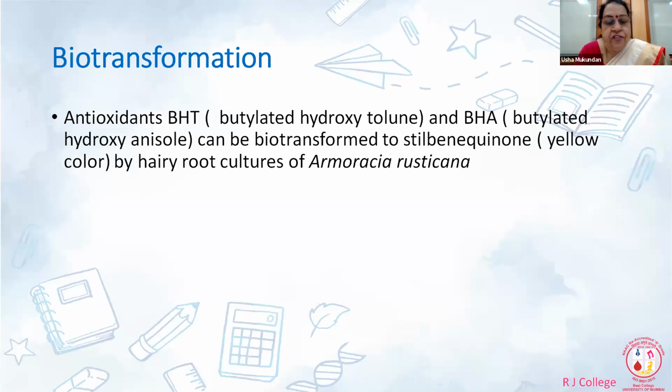So in food preservation, these are commonly used antioxidants. And if the food material is preserved with these antioxidants and has the enzyme peroxidase, then what will happen? They will be biotransformed, though toxicity studies are still pending, to a yellow colored compound known as stilbenoquinone. That means care should be taken whenever you are using any antioxidant as a preservative in food.